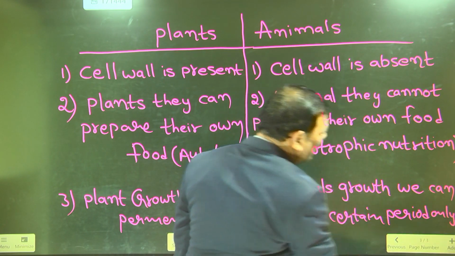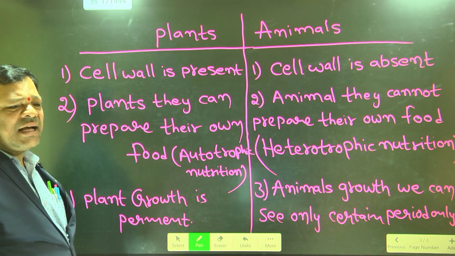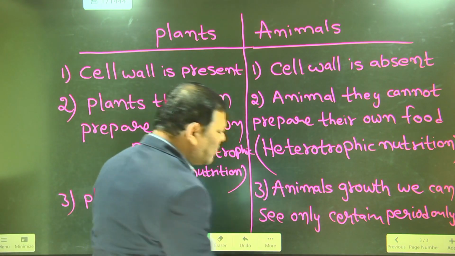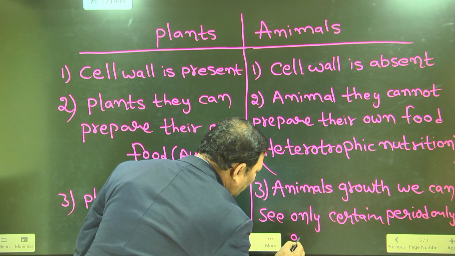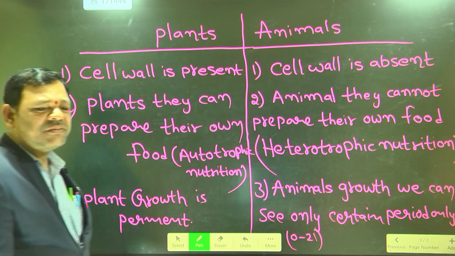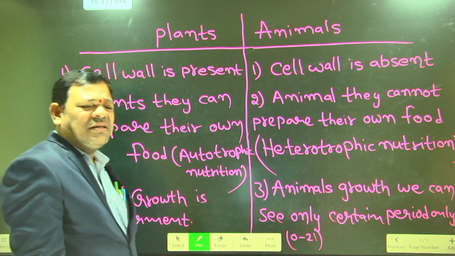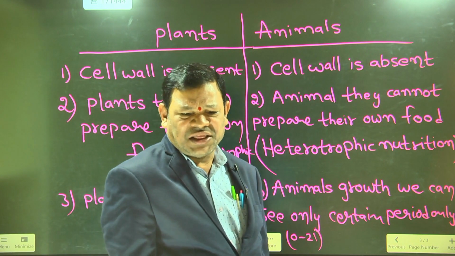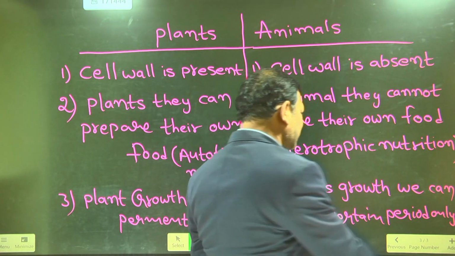If you look at animals, only from 0 to 21 years can we see growth. After that, we cannot see growth in animals.